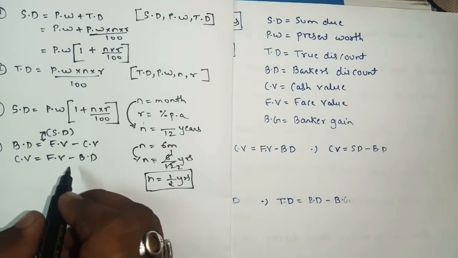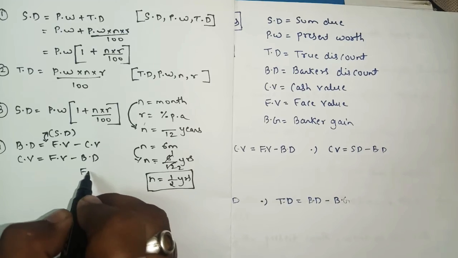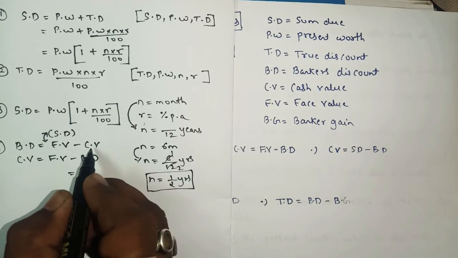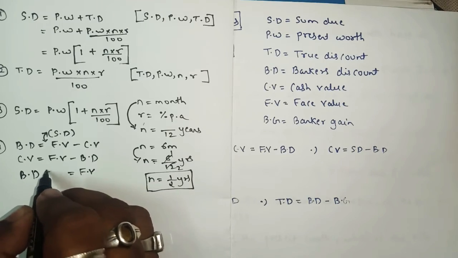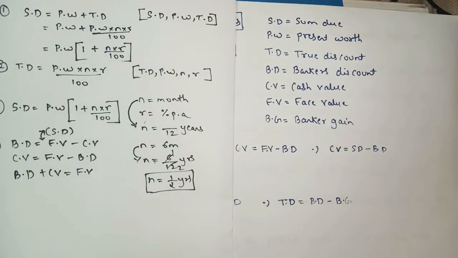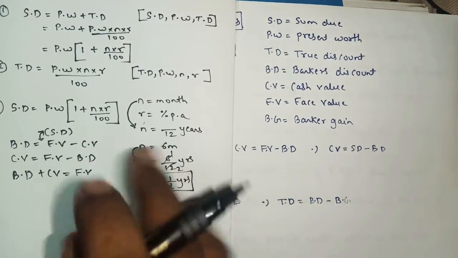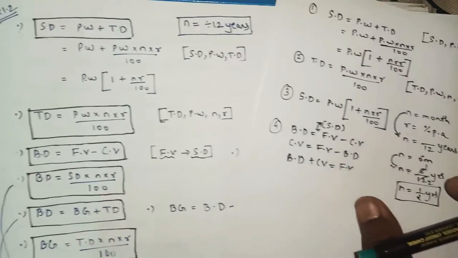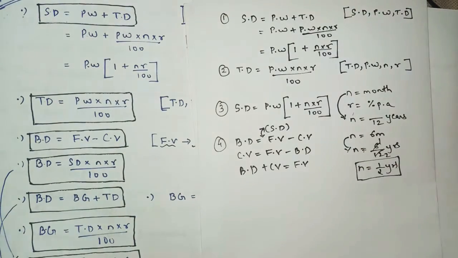We can generate one more formula: keep this FV this side, bring this CV to the left hand side. So here we got three formulas. It is not compulsory that you remember all three formulas, just the first one. The first one is enough to generate the remaining two formulas.